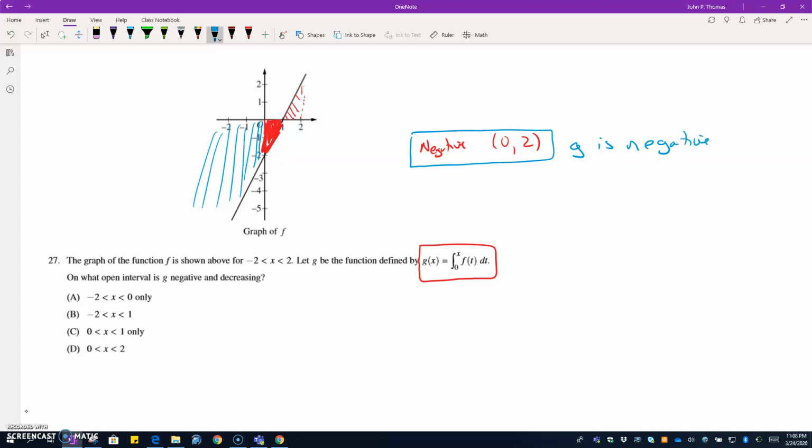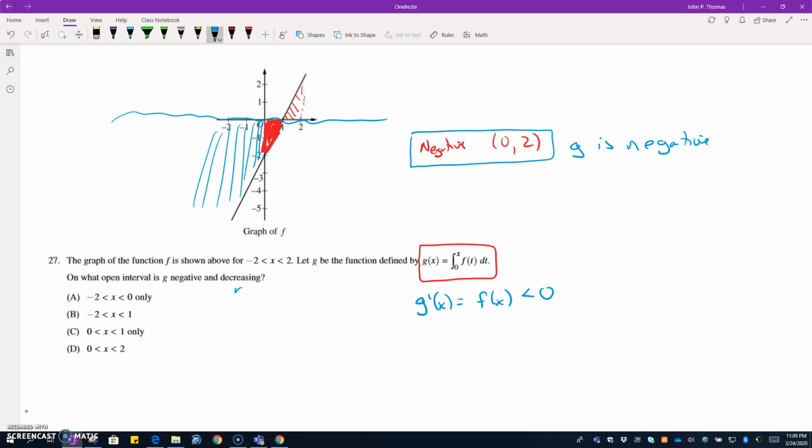All right. So then the next thing we're going to look at is decreasing. Now decreasing is based on the derivative. So the derivative of g is g prime, which is going to equal f of x from our fundamental theorem of calculus. So f of x is what we're looking at, and we need that to be less than 0 for this to be decreasing. I'm going to look at my graph, and basically my less than 0 is the line right there.